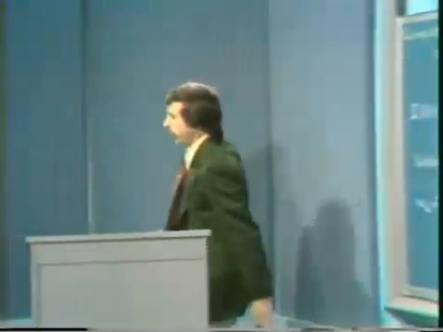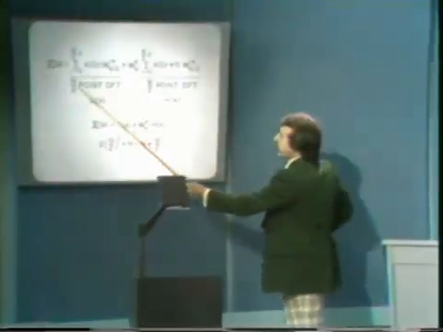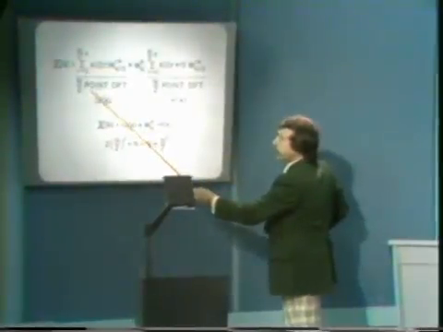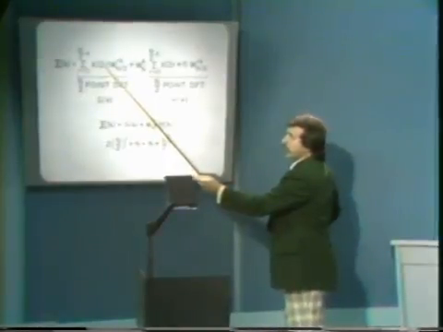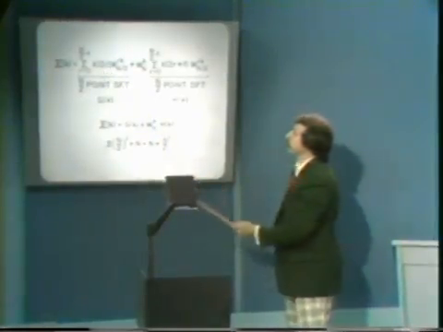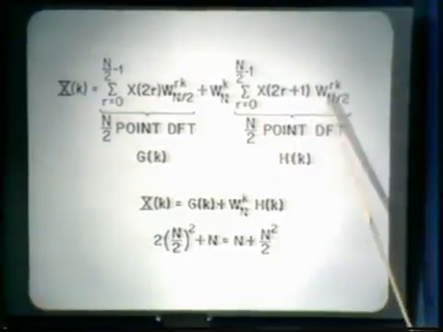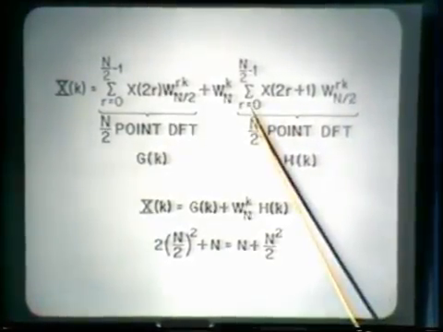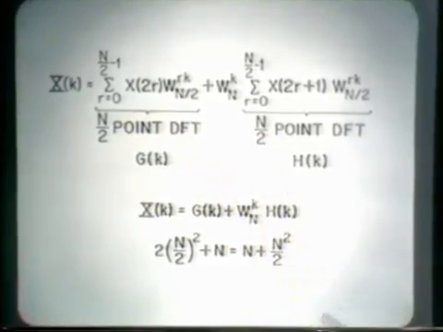So here we have, again, x of k as an n over 2 point DFT involving the even-numbered points in x of n, plus an n over 2 point DFT involving the odd-numbered points in x of n. Those are both n over 2 point DFTs.